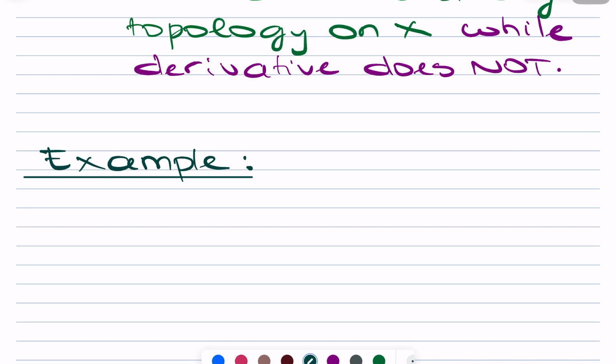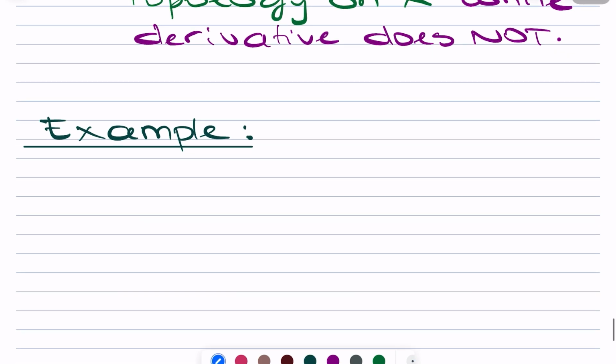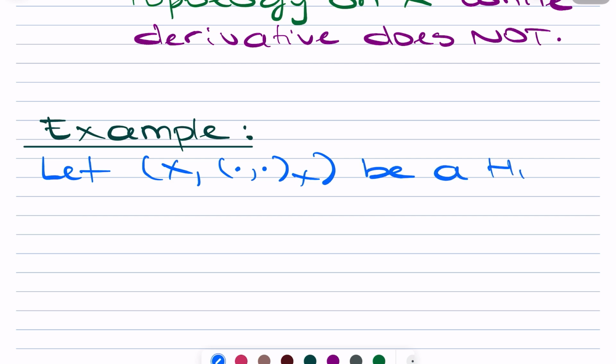Okay, say you have X, and go with this scalar product. So let X with this scalar product be a Hilbert space. If you don't know what a Hilbert space is, then again, I have my lecture series on functional analysis, so check it out.